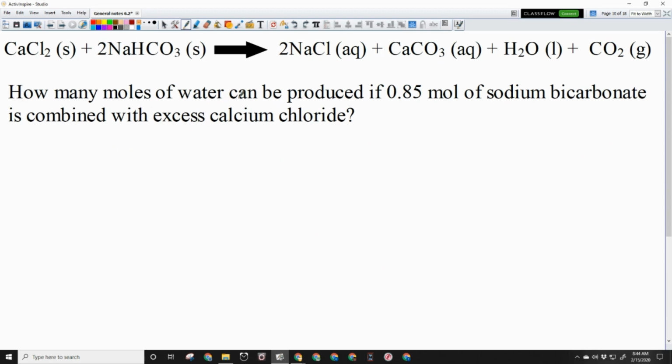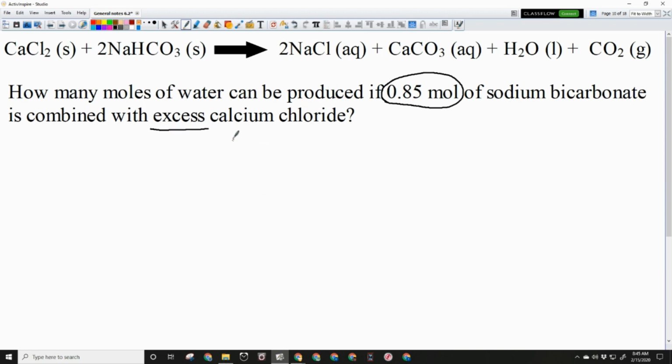Okay, so let's look at an example problem. It says, how many moles of water can be produced if 0.85 moles of sodium bicarbonate is combined with excess calcium chloride? So this is like our recipe where we only had 3.5 cups of flour. Here's our 3.5 cups of flour right there. And we have excess of everything else in the recipe that we need.